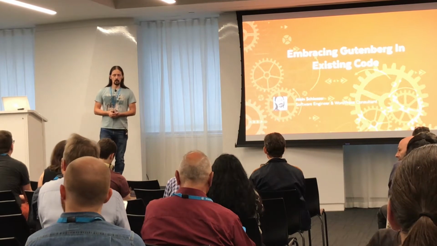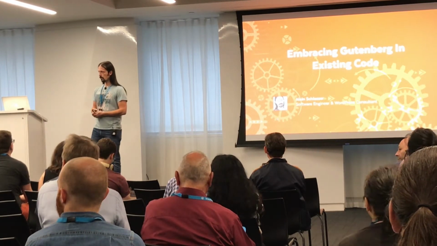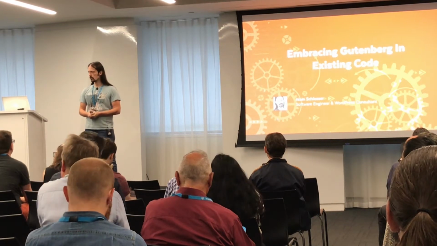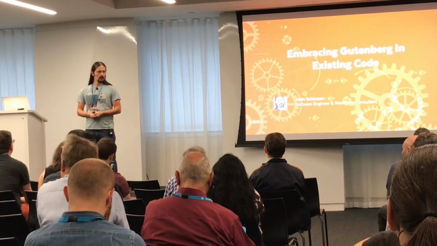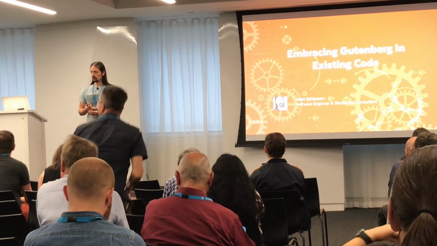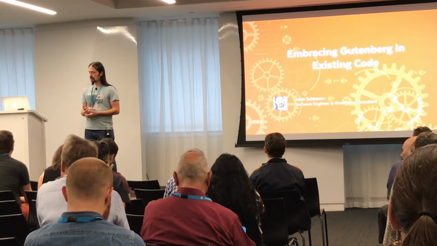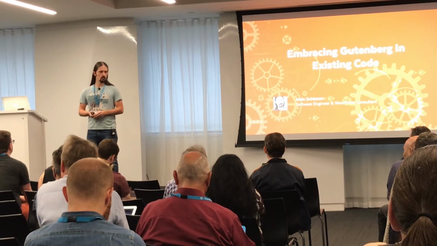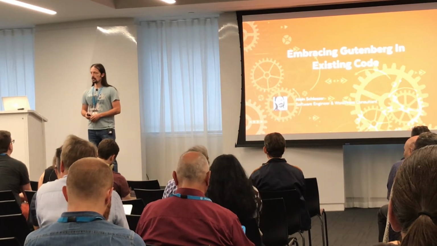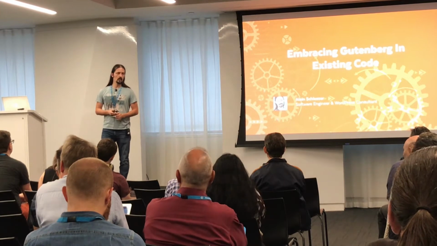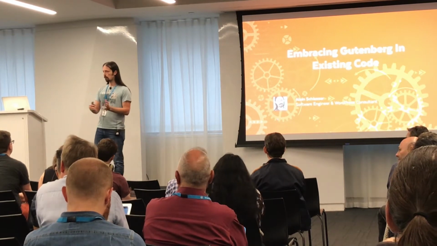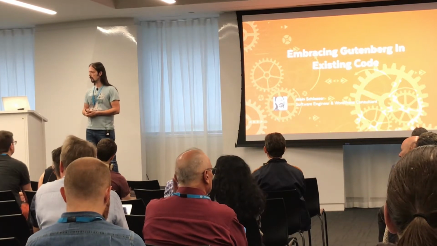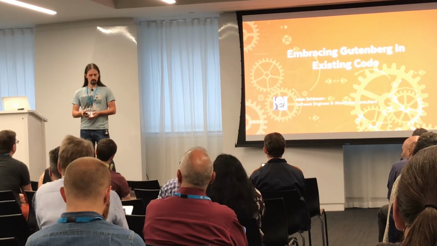We all know by now, I think, that Gutenberg will soon be merged into WordPress core at one point. And if you own a WordPress plugin, a WordPress theme, or some other product that tightly integrates with the WordPress ecosystem, then you might be wondering how best to go about adapting to this upcoming change, how to modify your code so that it works with the Gutenberg requirements.